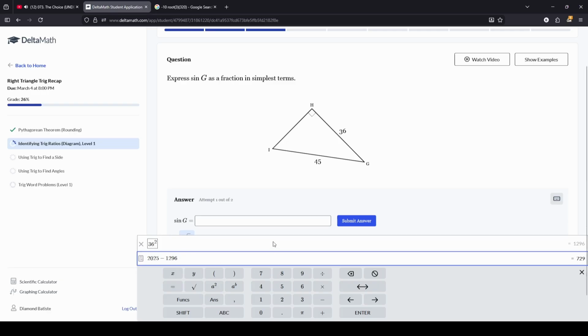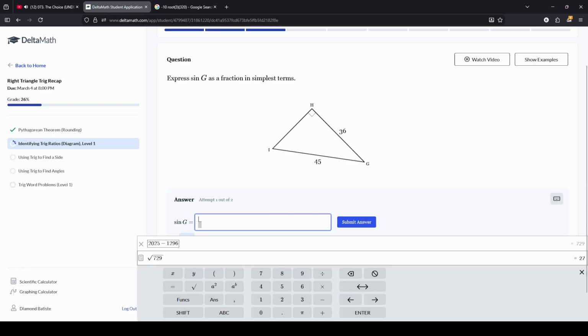729, and we then arithmetics. I think that's what it's called. It's just 27, and then since that's the bottom, it goes at the top. So 27, and then the hypotenuse, the 45, goes at the bottom. 45.